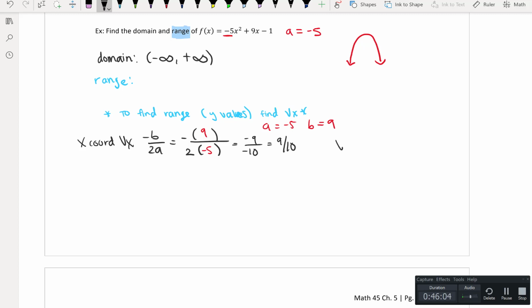So far I have 9/10 as my h value. Remember, to find the k value, I just plug it into my equation. So x is equal to 9/10, and I'm going to plug it into negative 5x squared plus 9x minus 1.